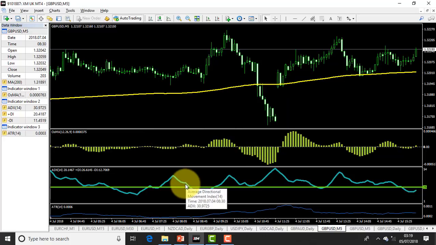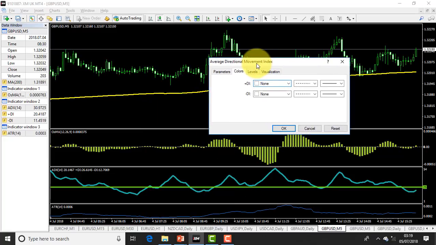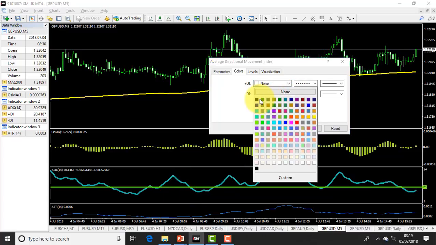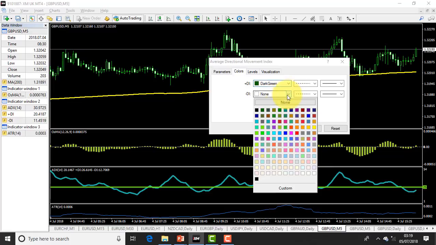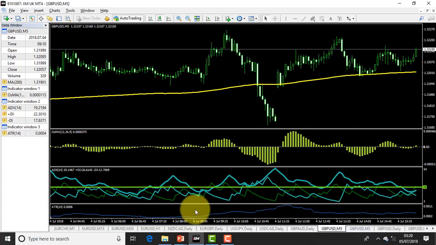Let's look at the ADX. Okay, you realize that my ADX looks a bit funny. If you have used ADX before, this is what you will normally see. Let me just put 2 different colors here so that you can see. Now, if you have used ADX before, you know this is how they normally look.